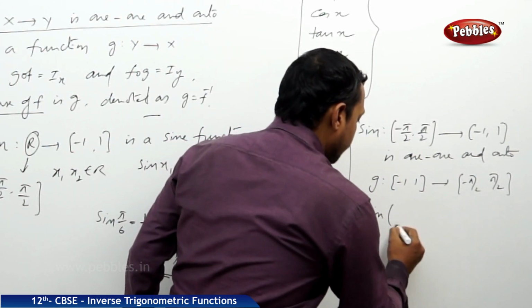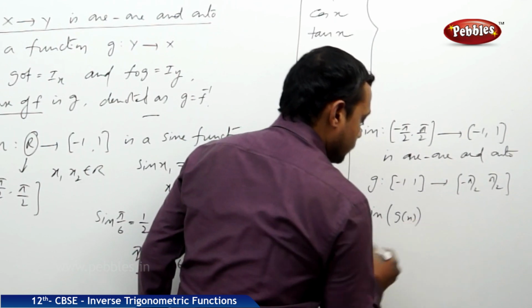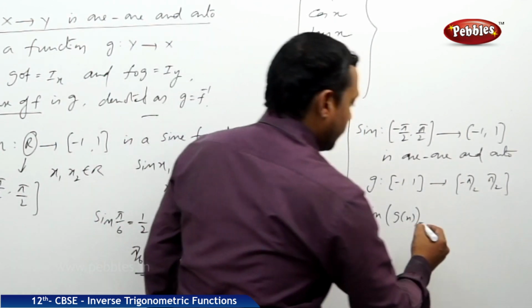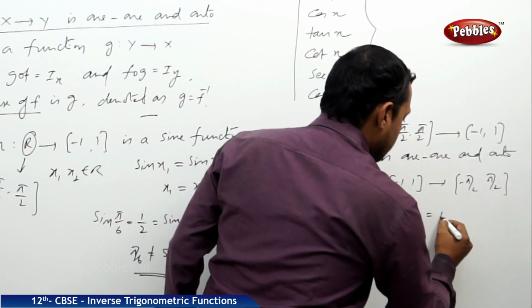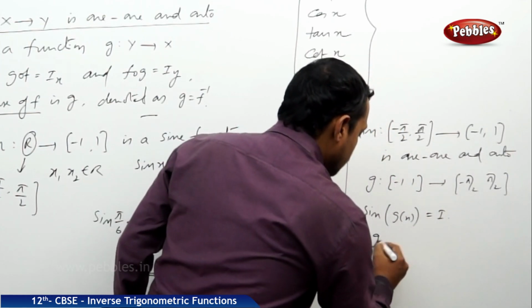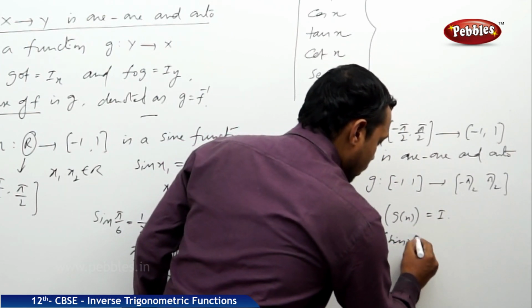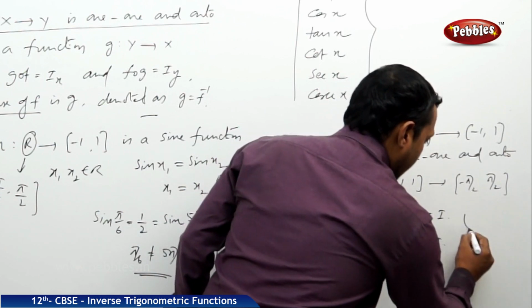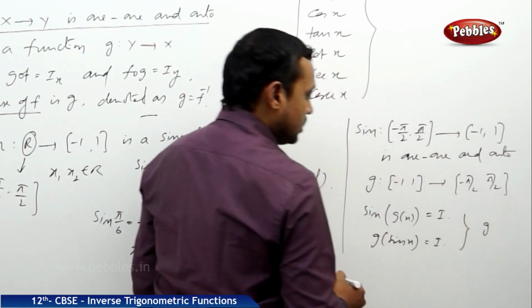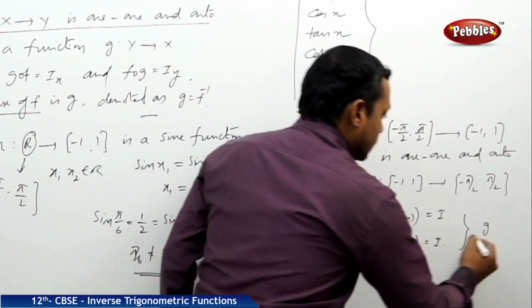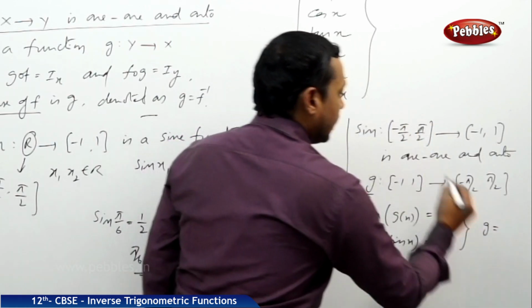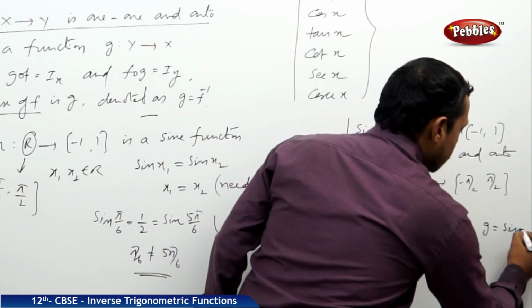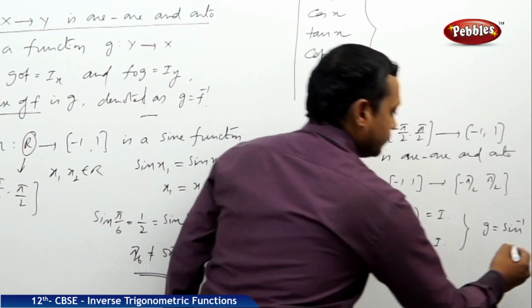sine of g of x is equal to identity and g of sine of x is also identity. Then the function g is called inverse of sine, which is denoted by sine inverse.